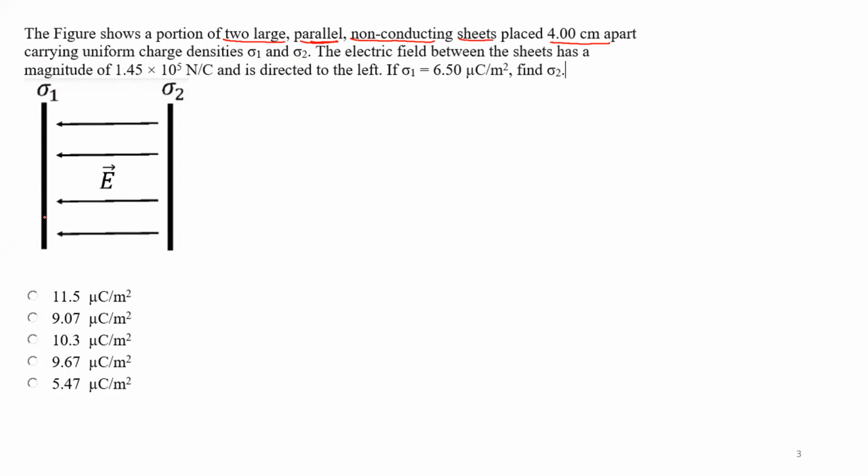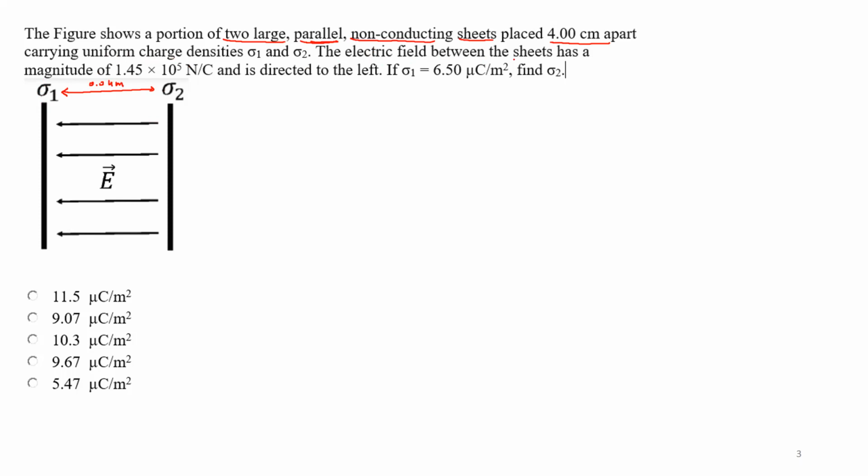You see, these plates here are large, parallel, and non-conducting. And the distance between them is 4 centimeters, 0.04 meters. And they have both, let's say, uniform charge density, sigma 1 for the first one and sigma 2 for the second one.